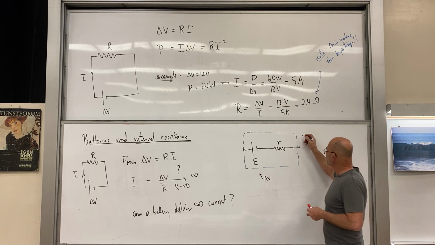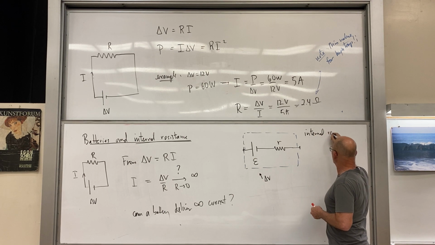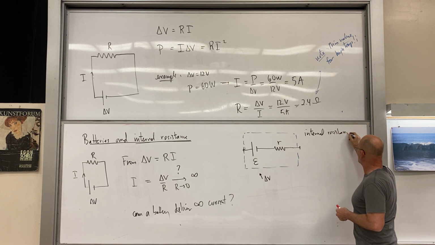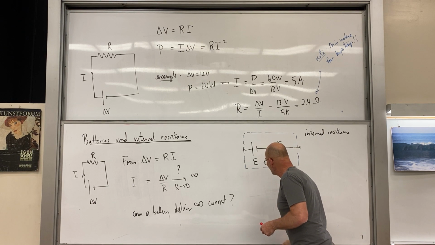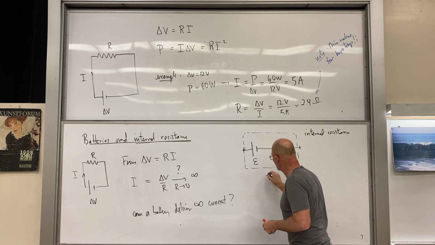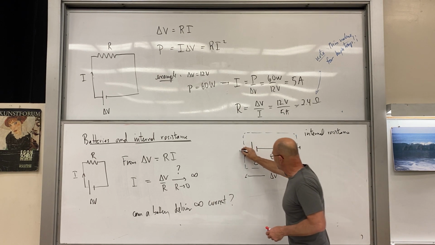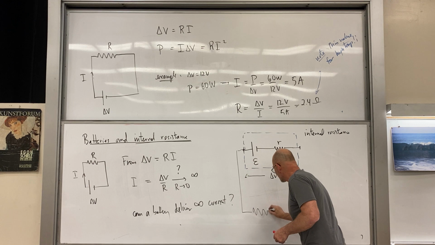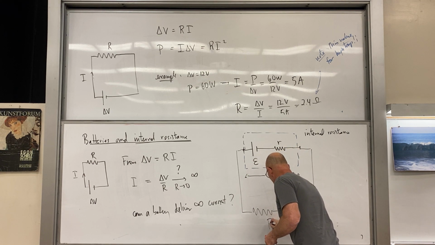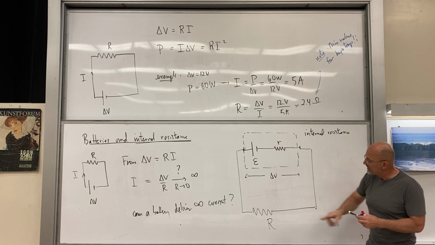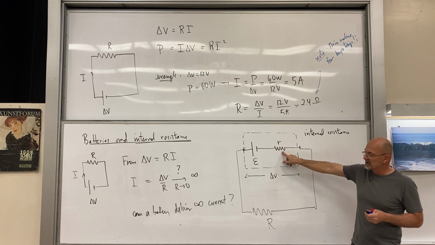So this is an internal resistance, and the delta V is measured across the ends here. And no matter what we hook this thing up to, okay, so now we hook it up to a resistor, no matter how small this resistance is, this one is always there. This one cannot be changed. Okay.